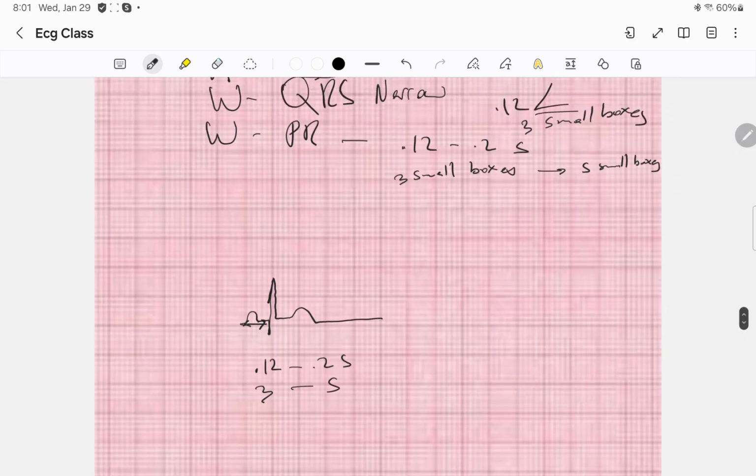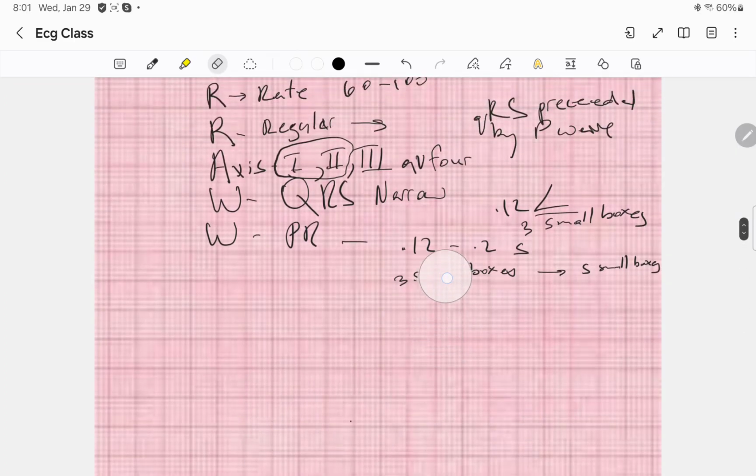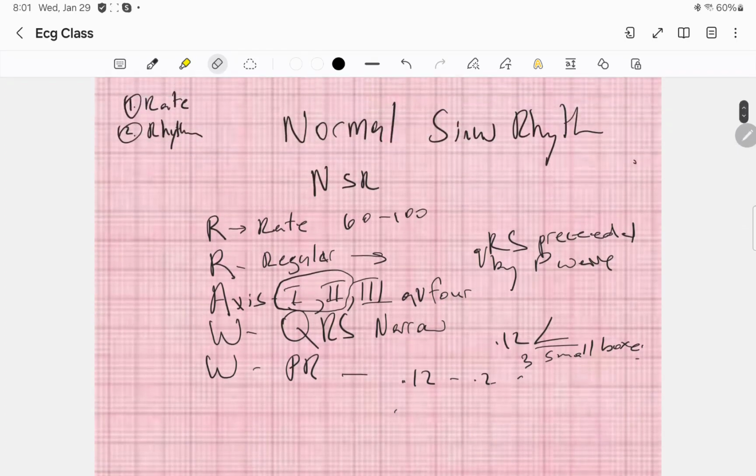Okay, so to summarize, for a rhythm to be normal sinus rhythm, the rate has to be between 60 to 100. It has to be regular with P waves before every QRS complex.